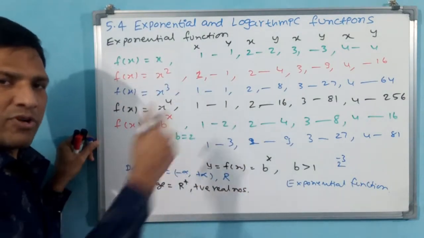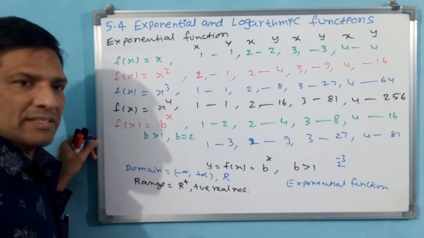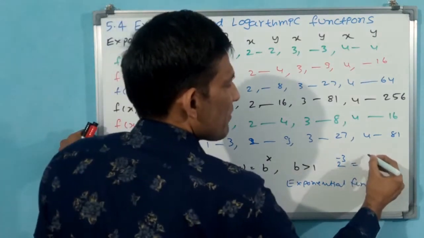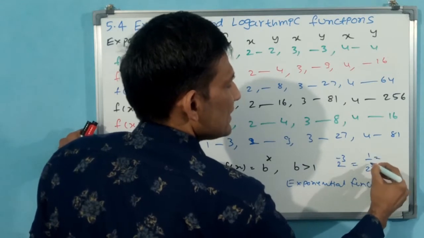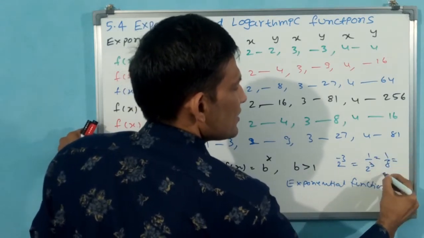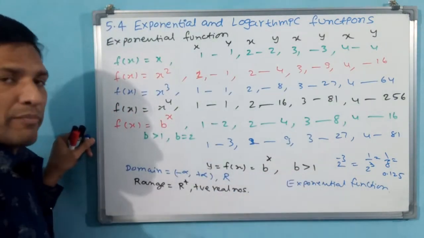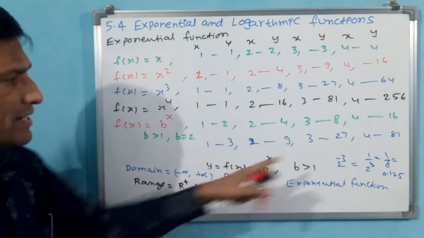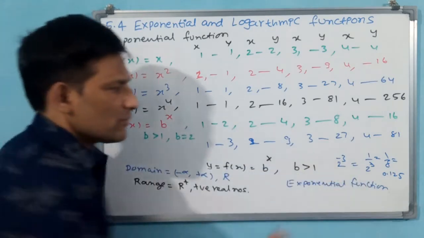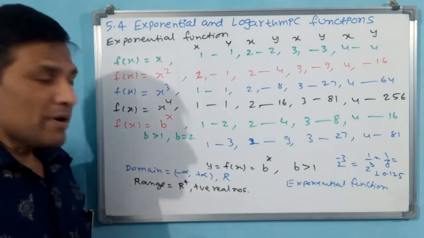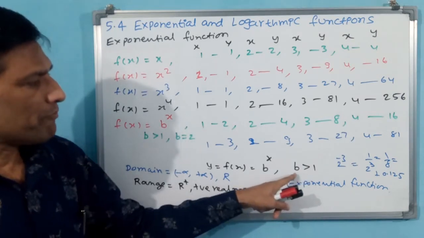I can give a negative domain also: 2 power minus 3. But whether the range comes negative or not, you see, 2 power minus 3 means 1 over 2 power 3, that means 1 over 8. That is 0.125, a positive real number. It may be between 0 and 1, but it is positive only. It is not negative. You understand? How has it happened? Because you have kept the base more than 1.